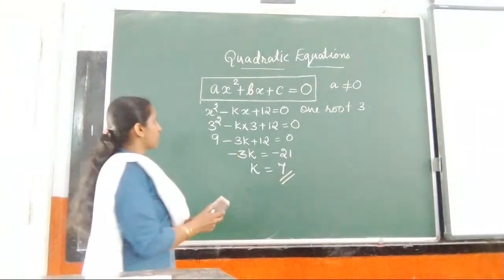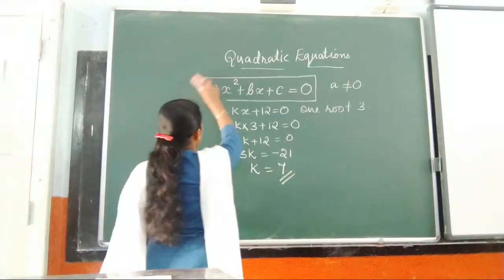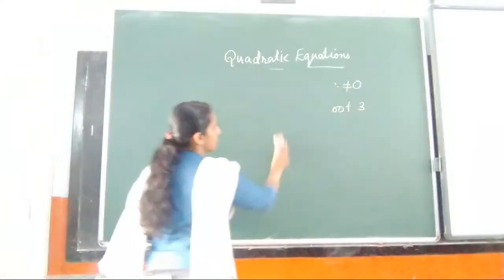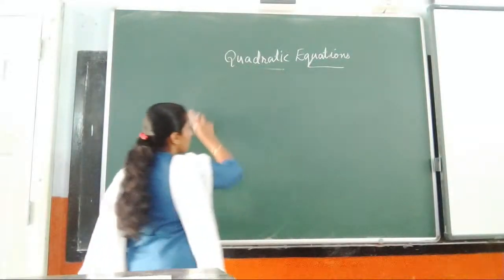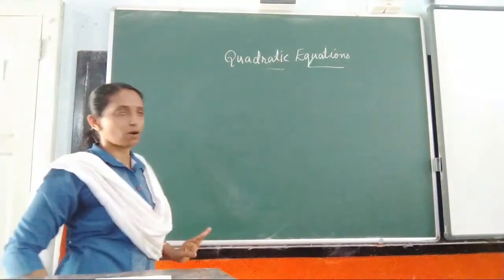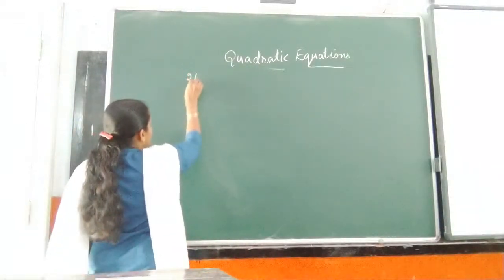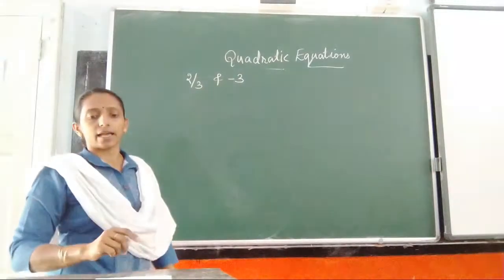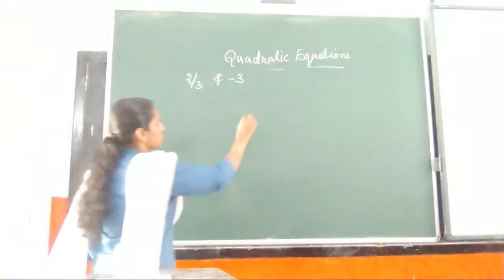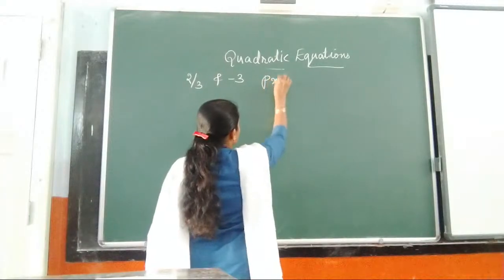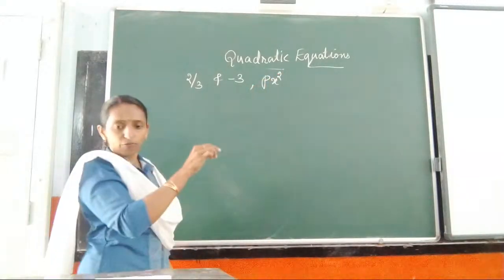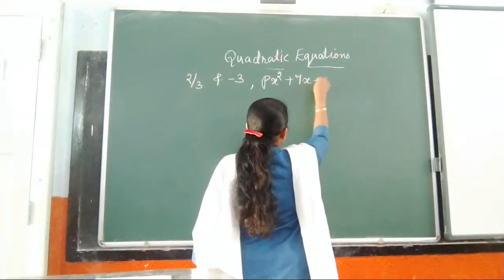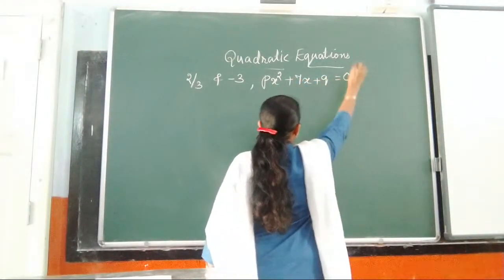I am going to solve one more question to find unknown quantities. There are two unknown quantities given, and you can find both. The question is: 2 by 3 and minus 3 are the roots of px square plus 7x plus q equal to 0.